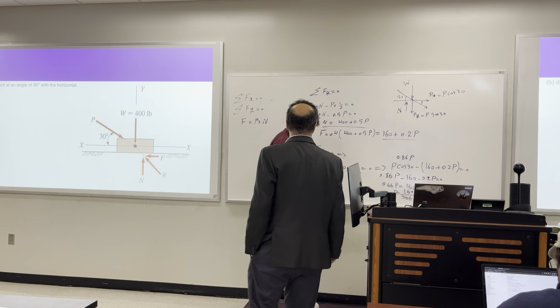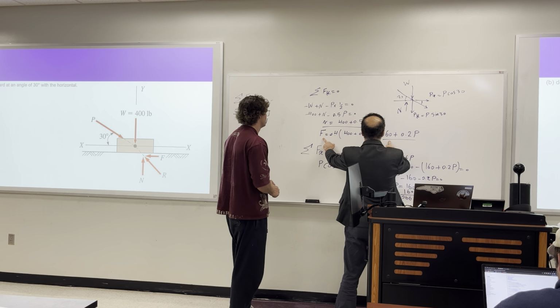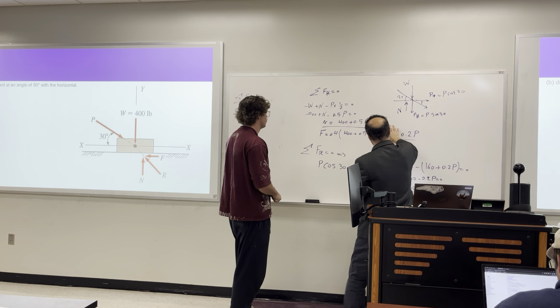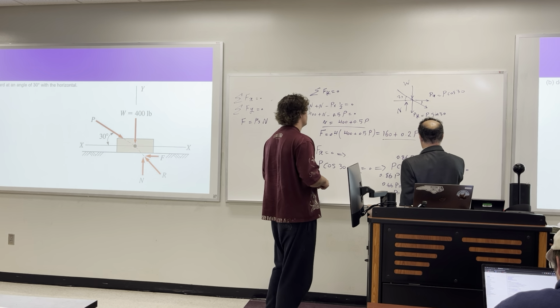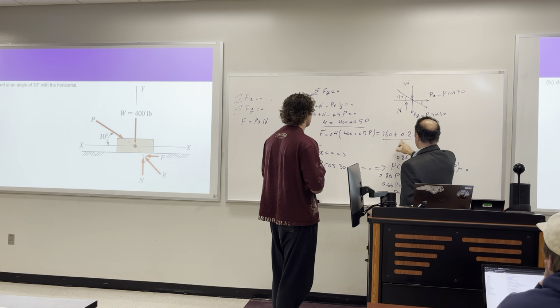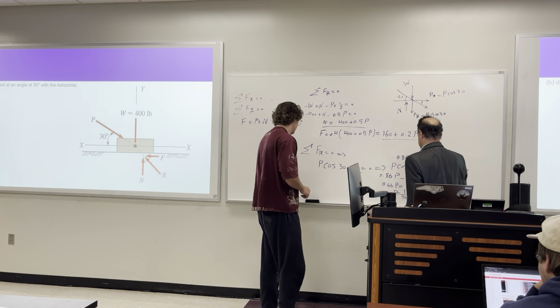Because we found F before. F is here. You see, F is this one. So we substituted with this. Oh, okay. So you just plugged it in. Yeah. Now this is a function of P, so we brought it here. So now we have only P in there. Okay. Awesome. Thank you.